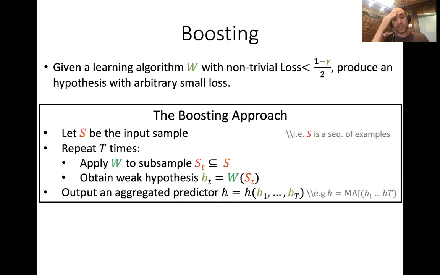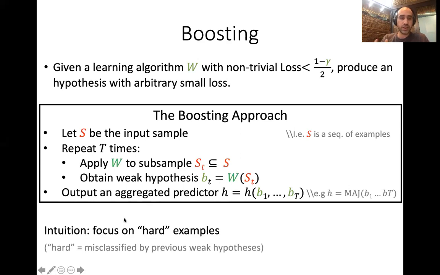And given such access, what boosting algorithms basically do is that they repeat T times. They apply the weak learner W T times on carefully chosen subsamples, and then they aggregate these weak hypotheses, the results, into their final predictor.